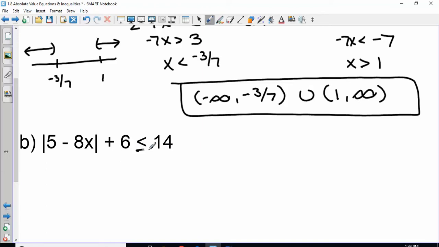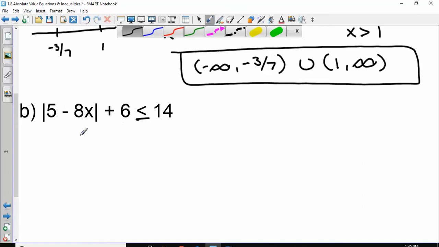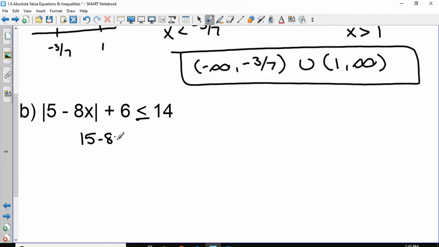You guys try the next one. Let's make that a less than or equal to. I haven't had any equal to. Less than is an and, so we do one big inequality.